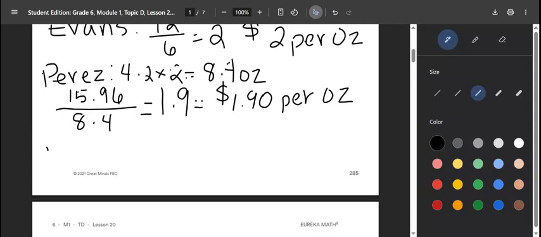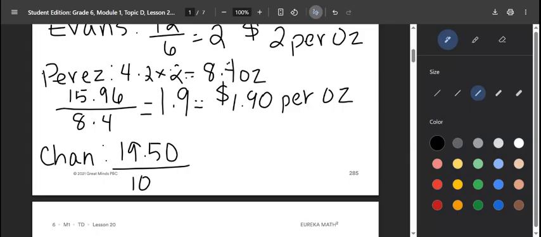And then, of course, we got to do the Chan family. The Chan family pays $19.50 for 10 ounces.